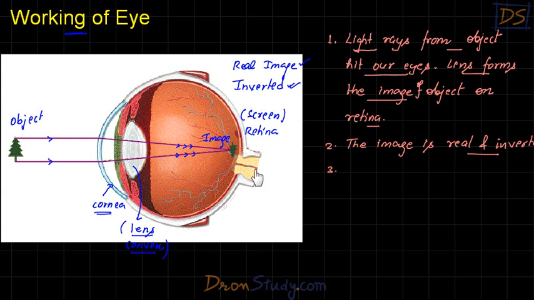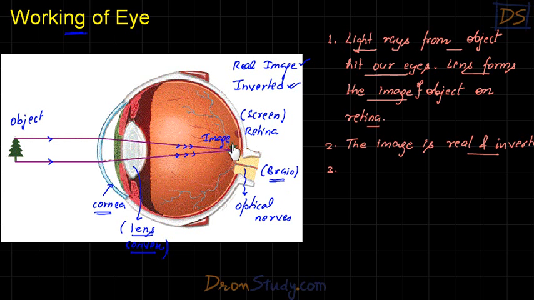Now look at this, students. These are optical nerves. Right students? And where do these optical nerves go? So as I have told you, they go to the brain, students. So when there is an object in front of our eyes, its image is formed on the retina by the lens, and then these optical nerves take the information of this image to our brain.